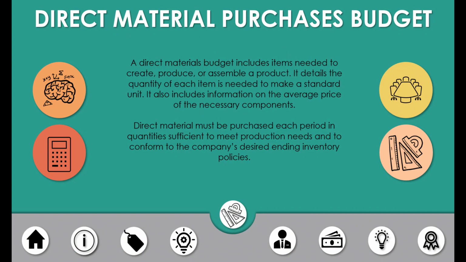A direct materials budget includes items needed to create, produce, or assemble a product. It details the quantity of each item needed to make a standard unit, and it also includes information on the average price of the necessary components. Direct material must be purchased each period in quantity sufficient to meet production needs and to conform to the company's desired ending inventory policies.